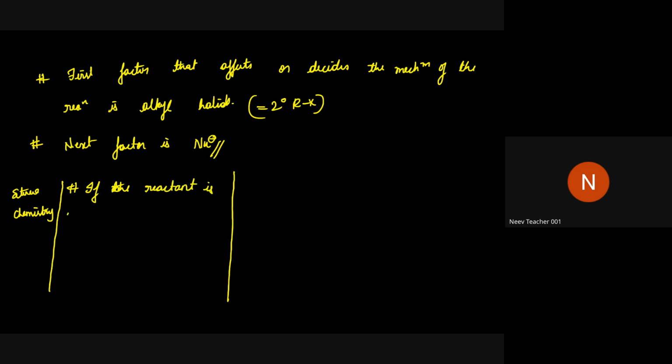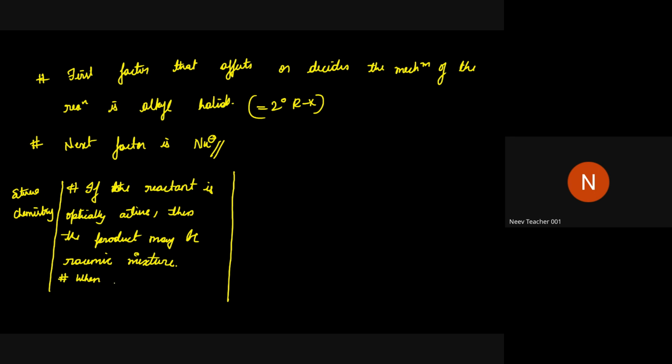is optically active, then the product may be a racemic mixture. That also may be. So when will it definitely be a racemic mixture?